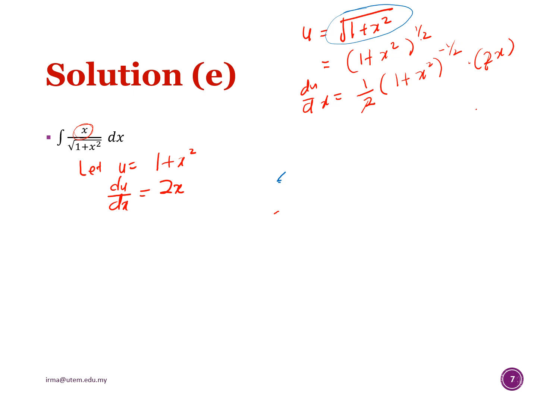So the same step. We have dx equal to du over 2x. Now we will have x over, so this one will be different.